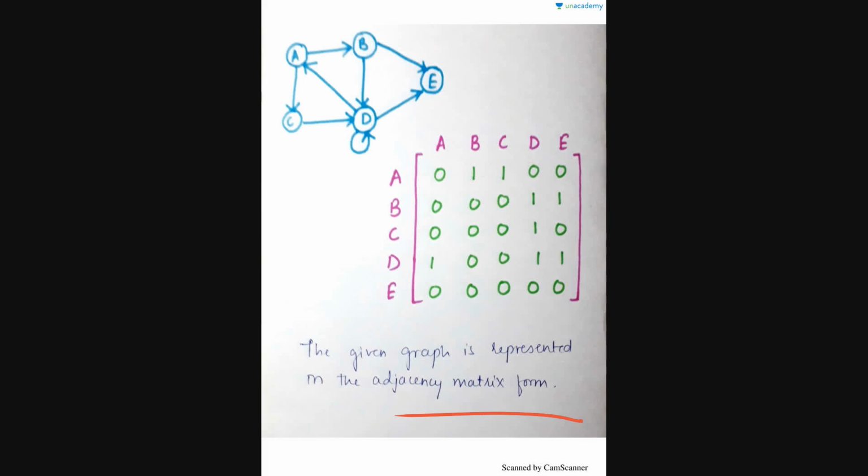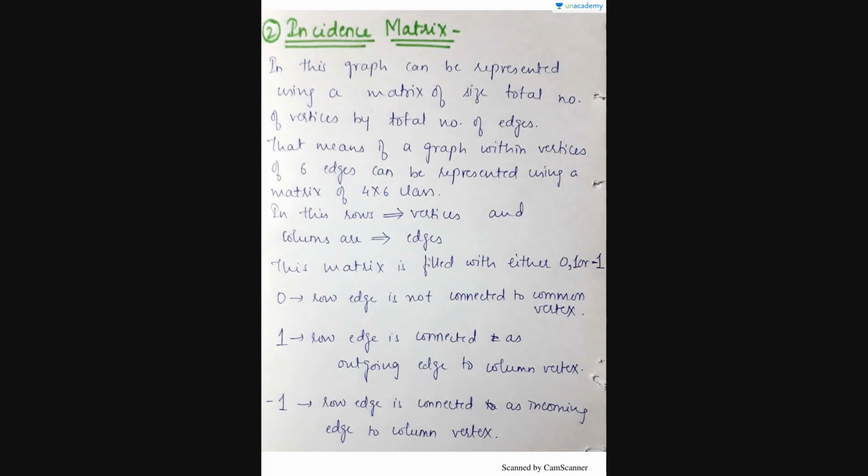So, let's see the next representation now. That is the incidence matrix. In this, a graph can be represented using a matrix of size total number of vertices by total number of edges. That means if a graph is with 4 vertices and 6 edges, it can be represented using a matrix of 4 by 6 size. In this, rows represent the vertices and columns represent the edges.